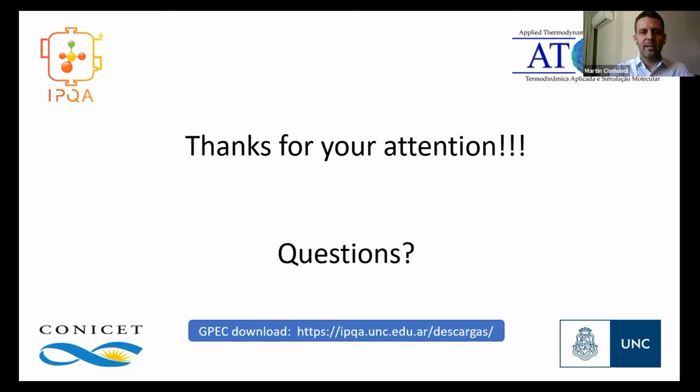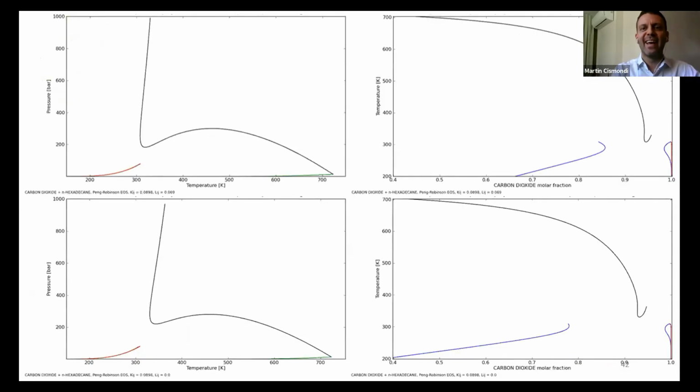Good question, Maria. And happily, I have this slide just in case, which is related to this type of fluids and to the work I mentioned in the atoms group. This is a good example of how binary interaction parameters can affect the behavior, because this is the binary CO2 hexadecane.